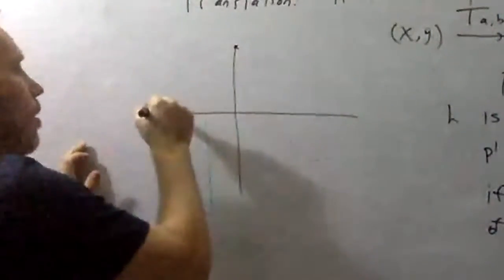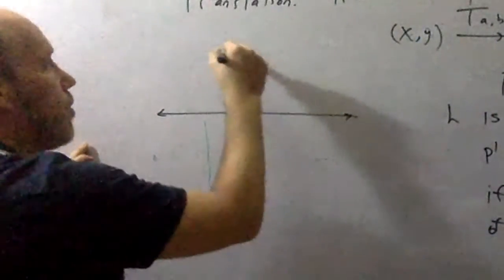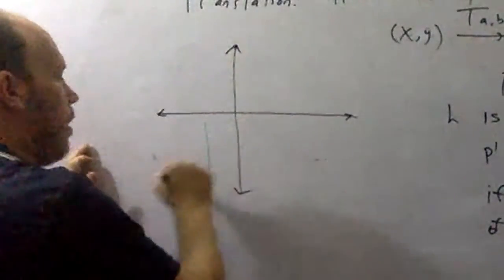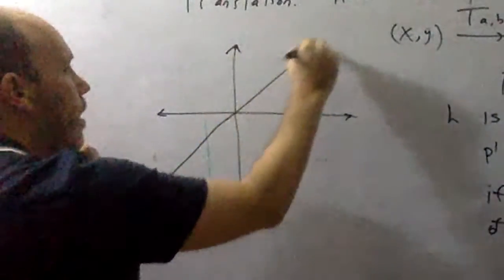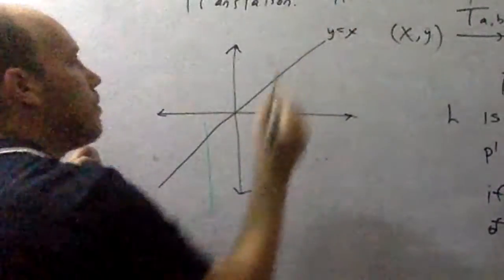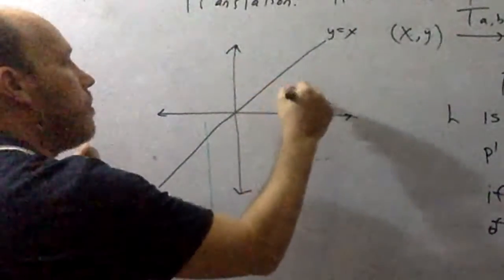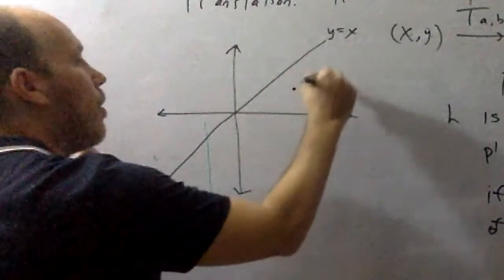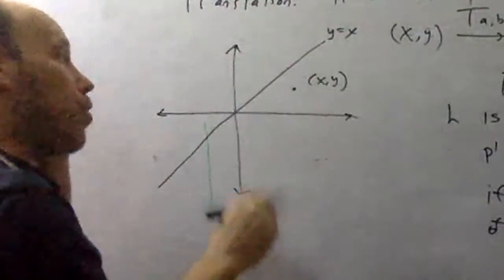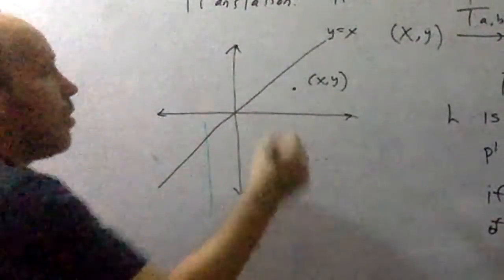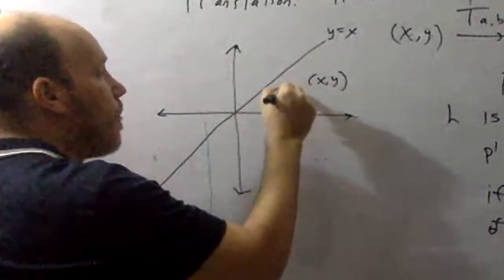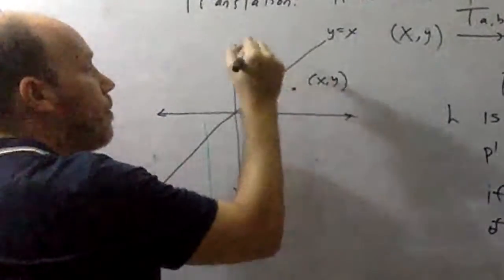So we have our xy axis. We have the line y equals x, and we have the point (x, y). Okay, so let's think about this. So we have this triangle here. So we know the point is over here.